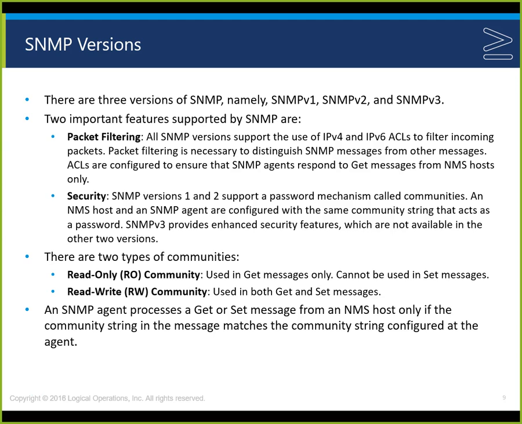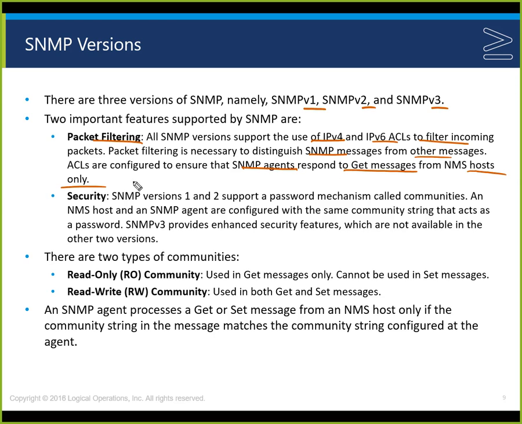SNMP versions, we have really 1, 2, and 3. Version 1, version 2, and version 3. Two important features supported by SNMP: packet filtering. Support the use of IPv4 and IPv6 access control lists to filter incoming packets, to distinguish SNMP messages from other messages, configured to ensure that the agents respond to get messages from the NMS hosts only.